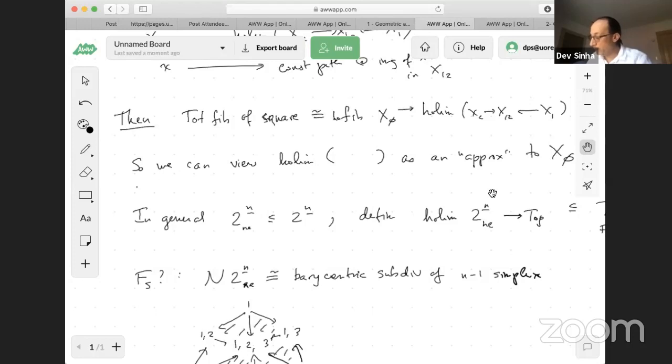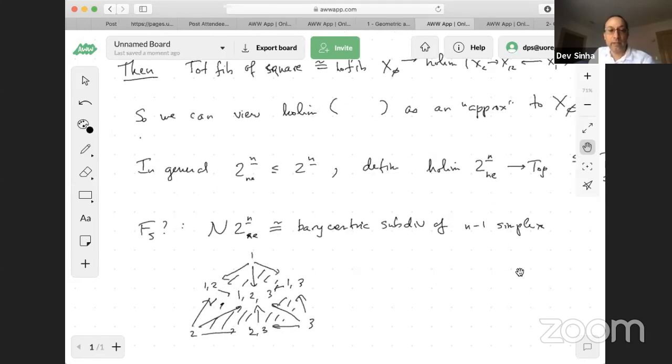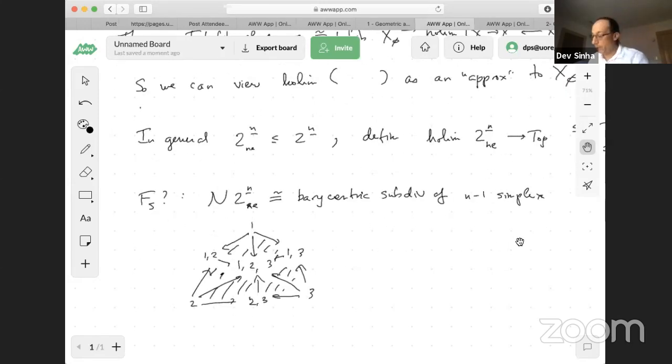I get a lovely subdivided simplex. And so, for example, this thing here is what I was calling F_13. It's that face of the simplex, the barycenter labeled by that subset 1, 3.